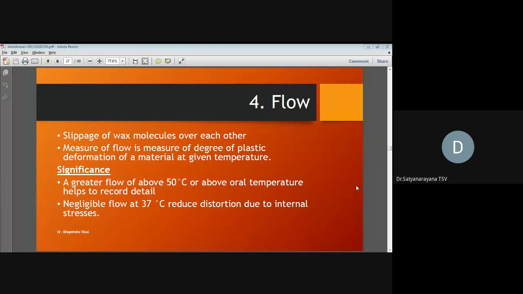If you are fabricating a wax pattern at higher temperatures and then bringing down the temperature, once you have made the wax pattern and leave it like that, the temperature comes down slowly. When it is coming down, it is becoming more stable. Understood? The flow nature is getting reduced. Because of this property only, we are able to use waxes for fabrication.